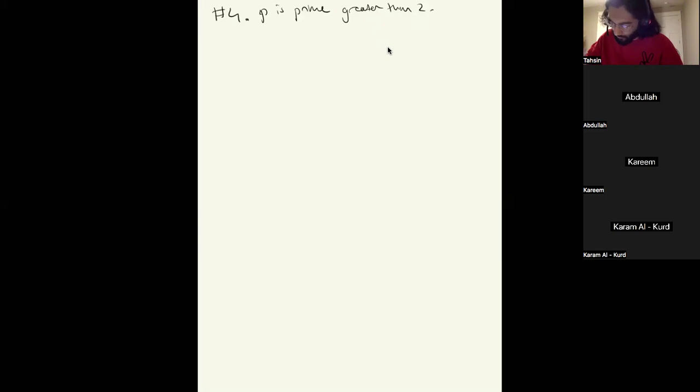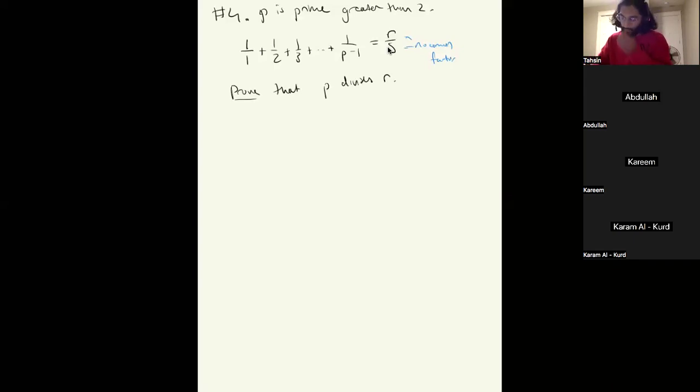You take 1 over 1 plus 1 over 2 plus 1 over 3 all the way to 1 over P minus 1, and we write this as R over S, where these have no common factor. So we write the fraction in lowest terms, and the problem is to prove that P divides R.